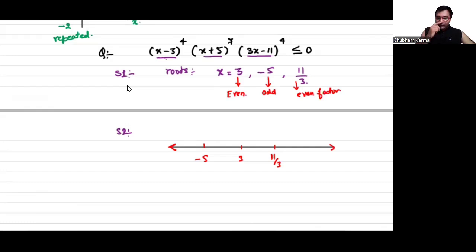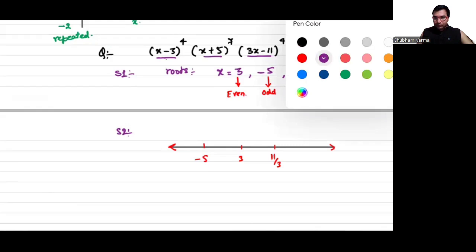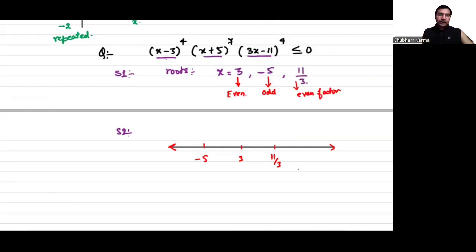Are you getting it? Now, all I need to do is take a random point, basically a number which is greater than 11/3. You can take any number between any of these roots, you'll get the same thing. Let's say, for example, between -5 and 3, let's take 1. Let x = 1.